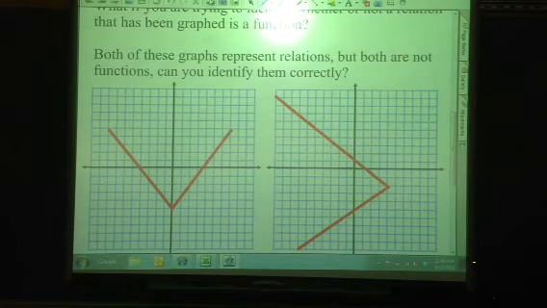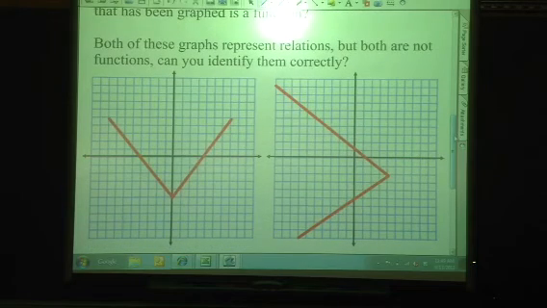Can you identify them correctly? One of them is a function, one of them is not. Which one? Hopefully, you identified the first as a function and the second not a function.